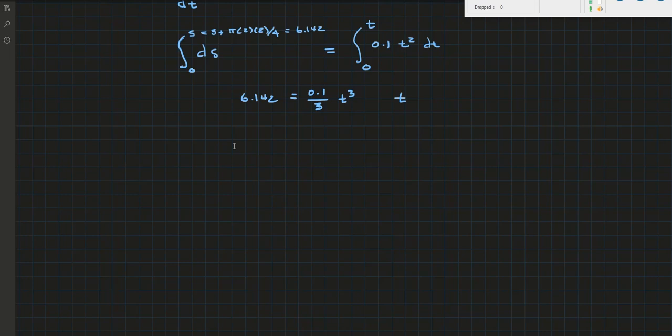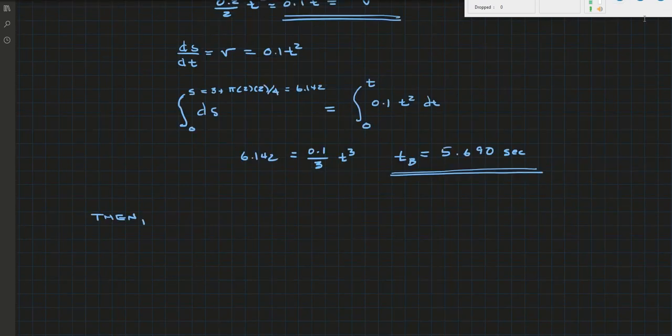So t to get to B essentially equals 5.690 seconds.